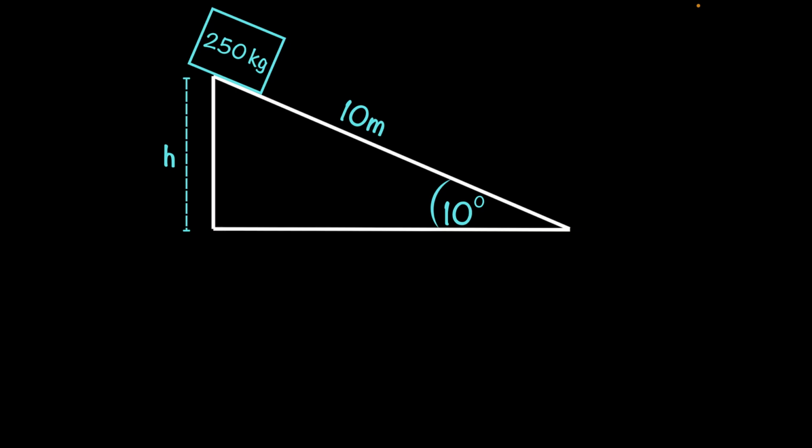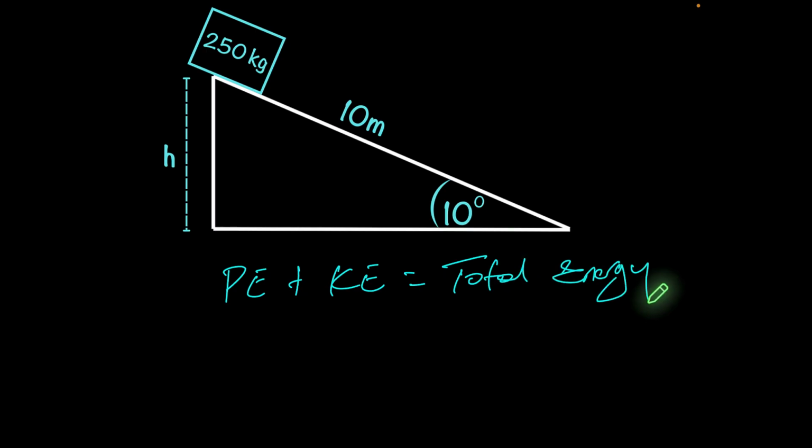For those of you who have just skipped to this section, this is just a quick recap, not to go over in depth. The long and short of it is that our potential energy plus kinetic energy gives us our total energy, and our total energy is going to be a constant value when we sum these two at any point.